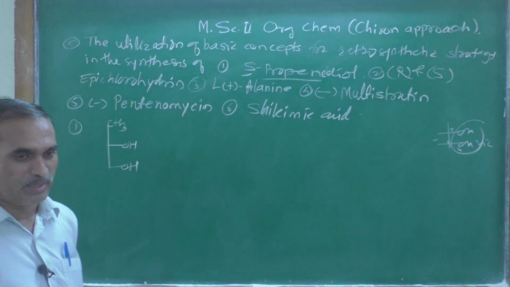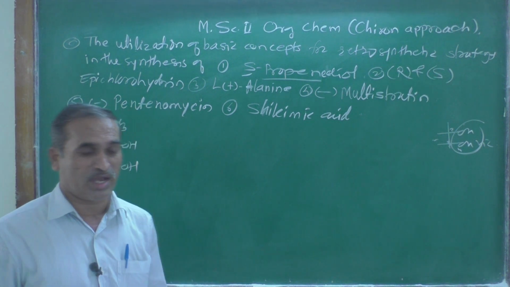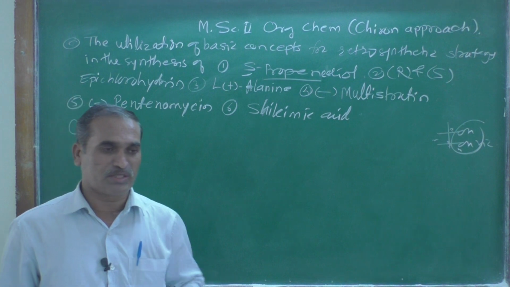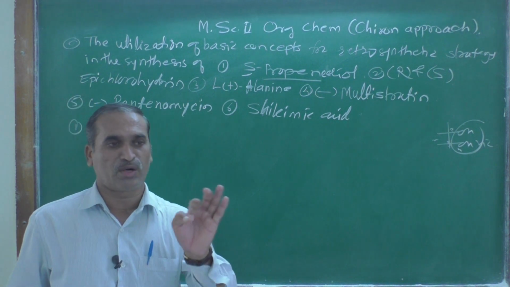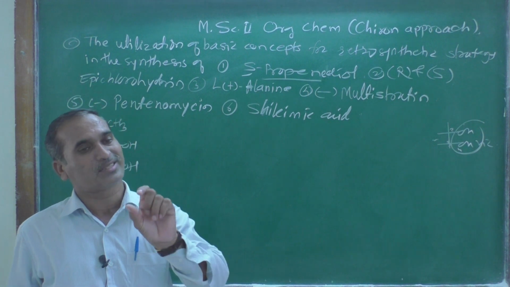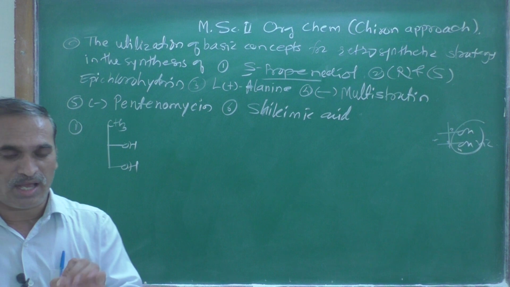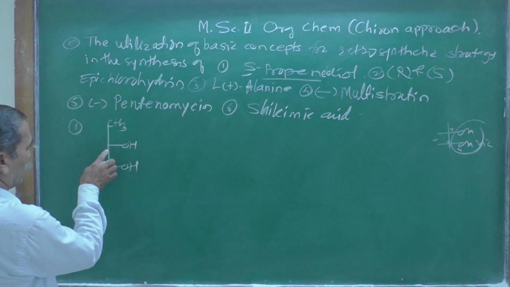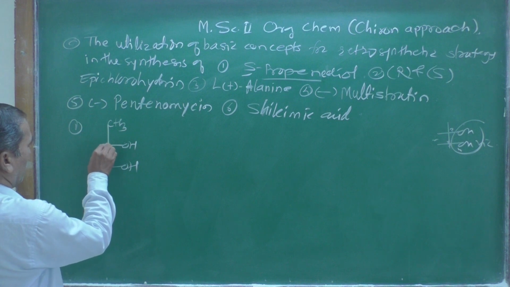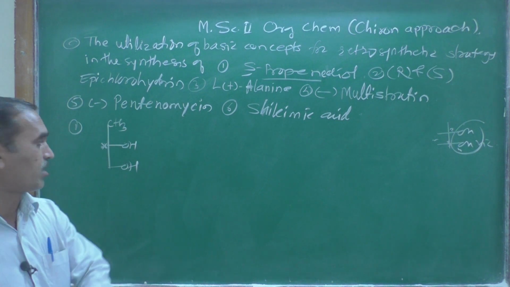Can you tell me how many chiral centers are there? As you might know, chiral means a carbon atom carrying 4 different groups is known as a chiral carbon or asymmetric carbon atom. Look, in this molecule only one chiral center is present. Here, this carbon atom is shown by the asterisk or star, and it is a chiral center.